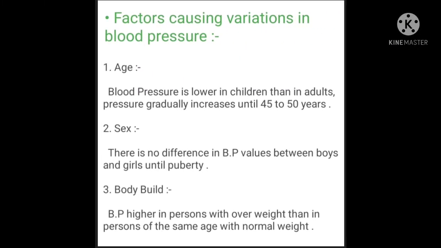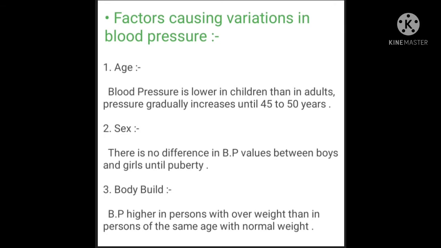Next, factors causing variations in blood pressure. First one, age. Blood pressure is lower in children than in adults. Pressure gradually increases until 45 to 50 years. Second one, sex. There is no difference in blood pressure values between boys and girls until puberty.